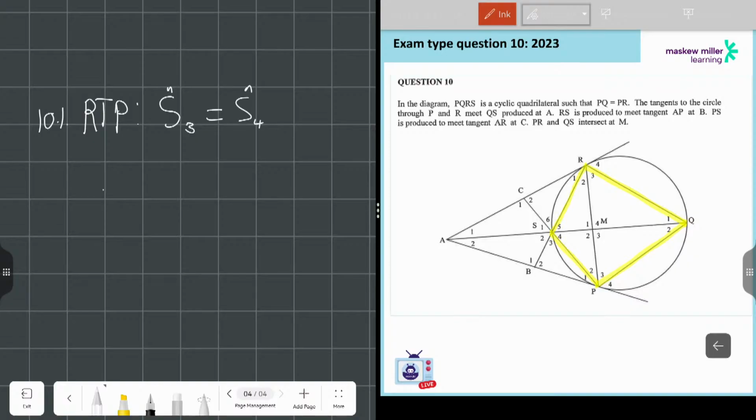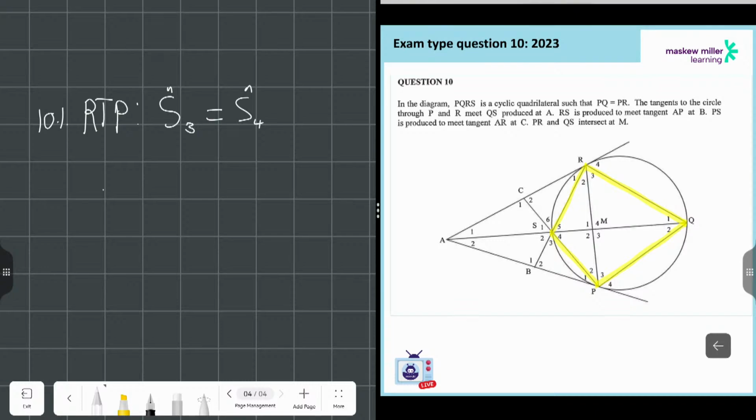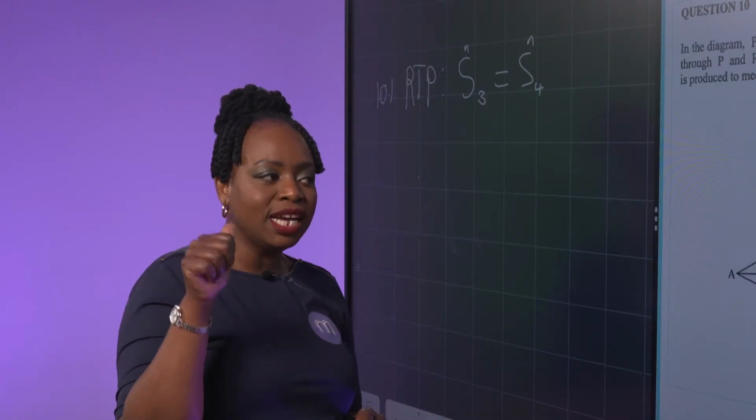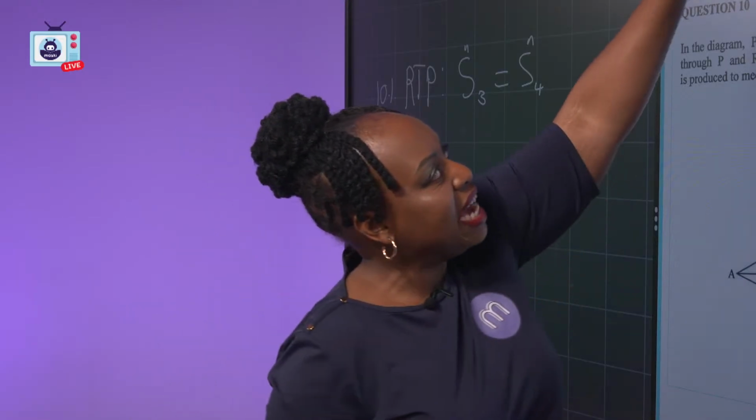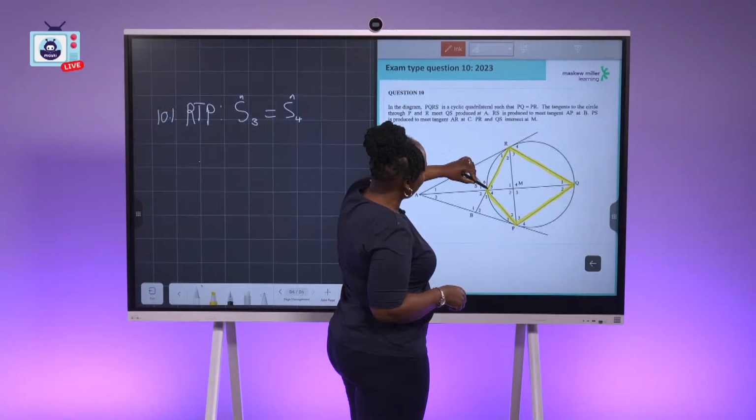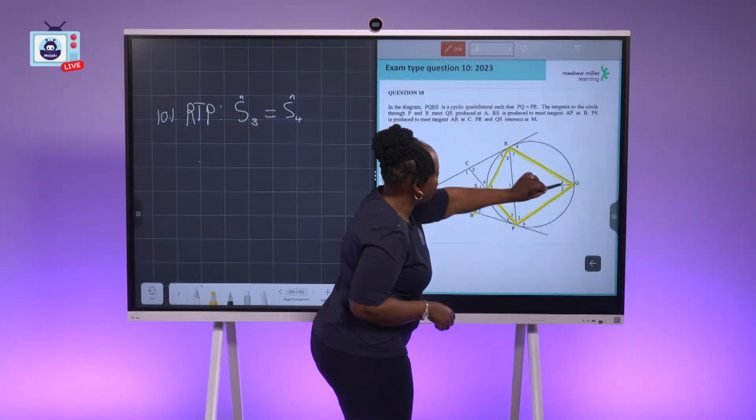So when I do this, can you guys see that I found S3 outside a quadrilateral? If you remember very well from my introduction of what you need to know, I said one thing is to learn that the exterior angle of a quadrilateral, which is this quadrilateral.